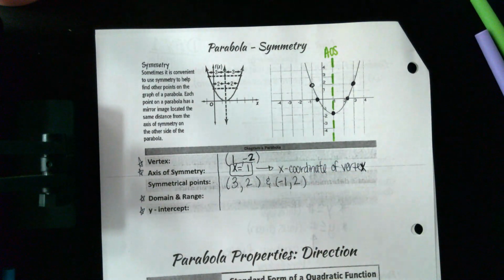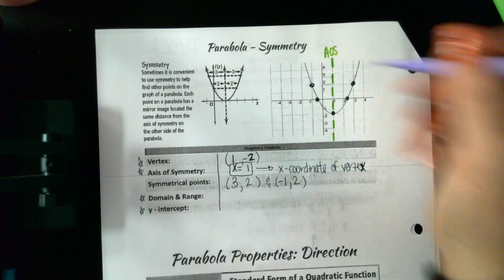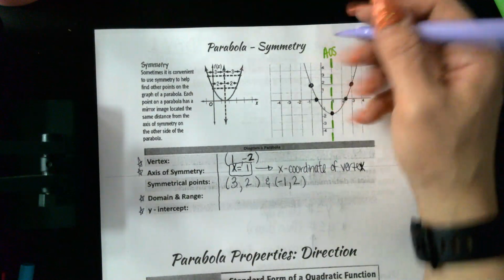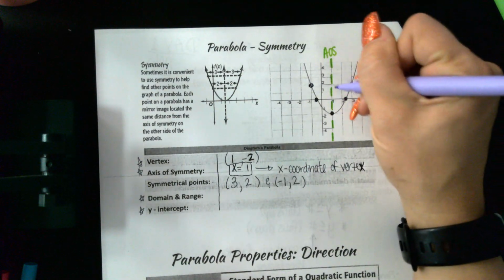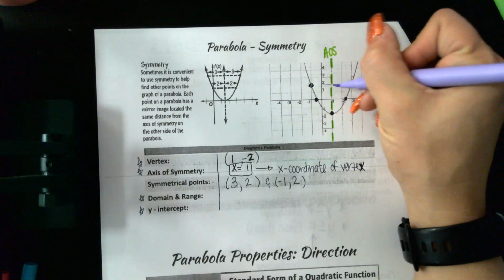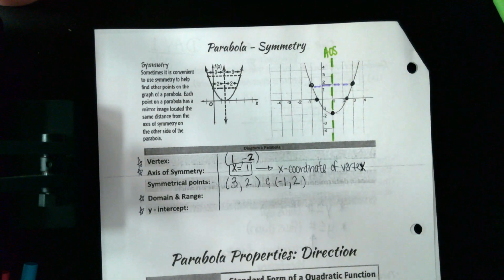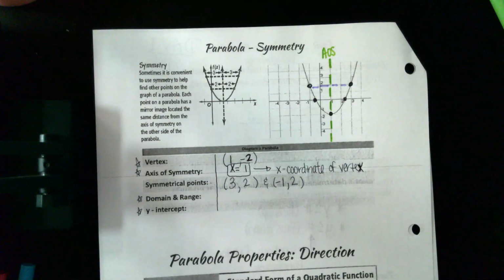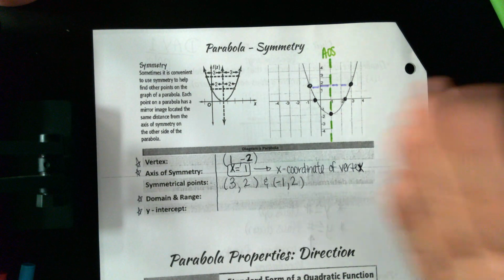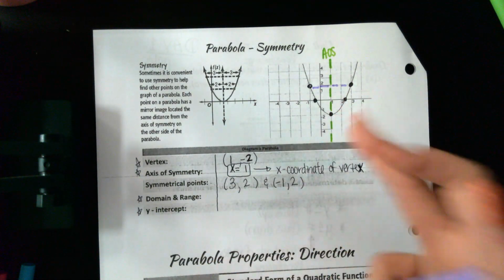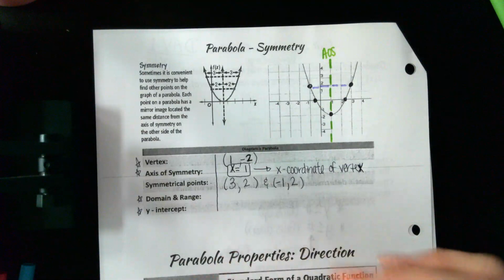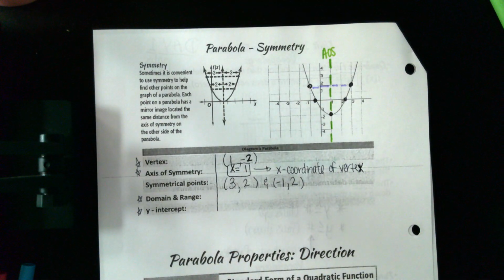So those are symmetrical points because if you start at your axis of symmetry, so you guys might want to watch this, starting at the green line, this point right here is 2 spaces to the right, and this one is 2 spaces to the left. So they are the same distance from the axis of symmetry. That makes them symmetrical. Does that make sense? That is going to be really beneficial tomorrow when you guys have to graph these yourself. Today you don't have to, but tomorrow you will.